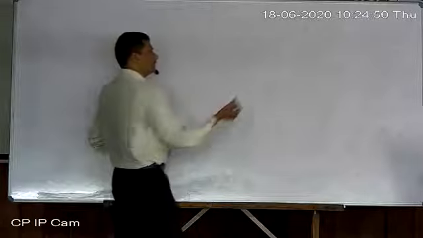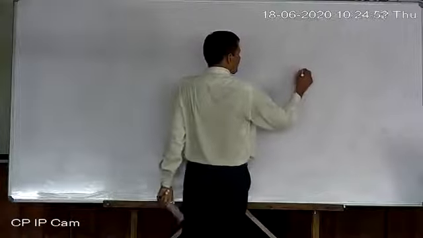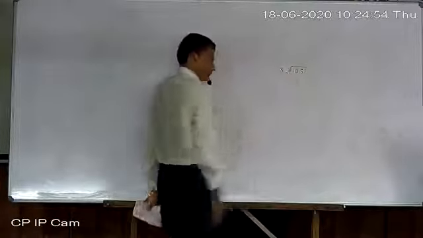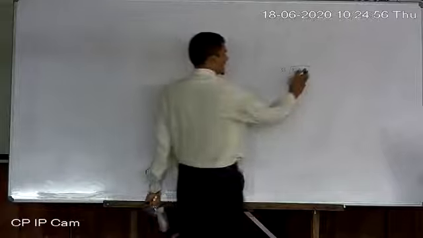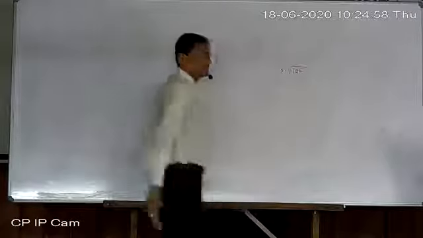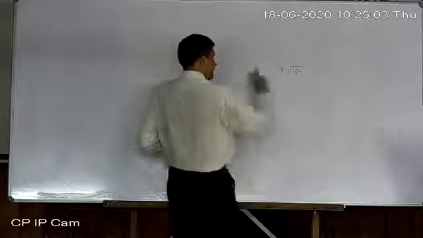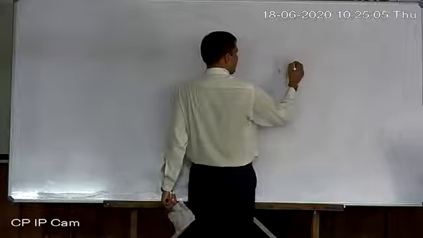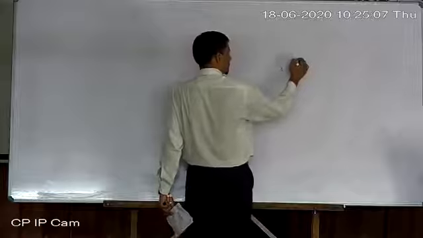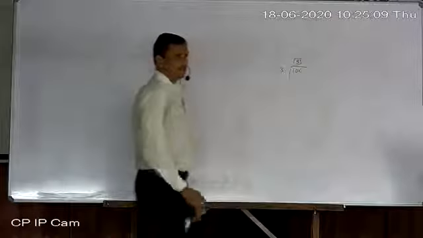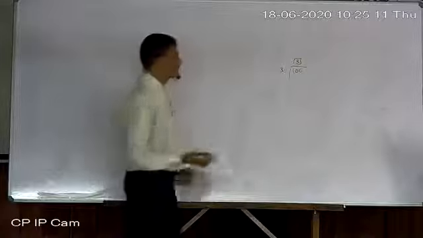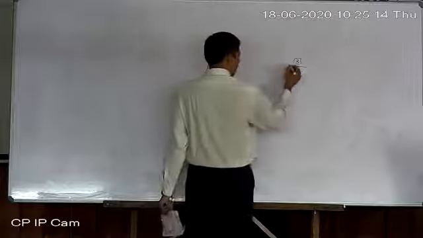Suppose you are given 105 and you want to divide it by 3. Dividend, divisor. So first you decide 3 threes are 9, and you decide this number by the table only. Then you multiply this and this number.